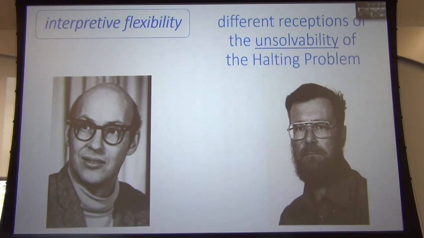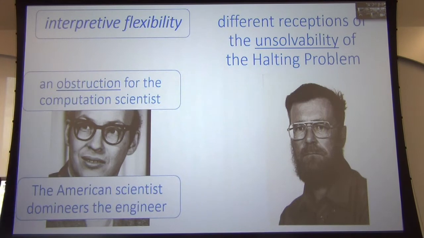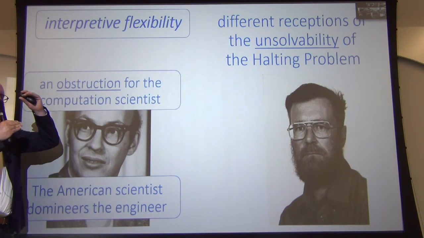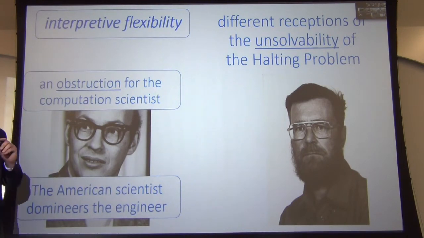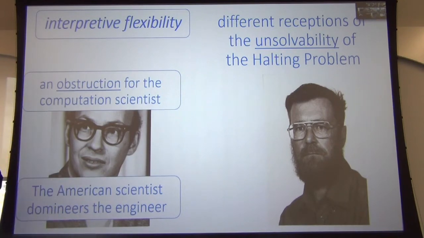Alright, the unsolvability of the halting problem, and I'm paraphrasing, was an obstruction for the computation scientist according to Minsky, because for him, the American scientist domineers the engineer, and so the word engineer in the US has less prestige than the word scientist, and today in large parts in Europe this is also the case.